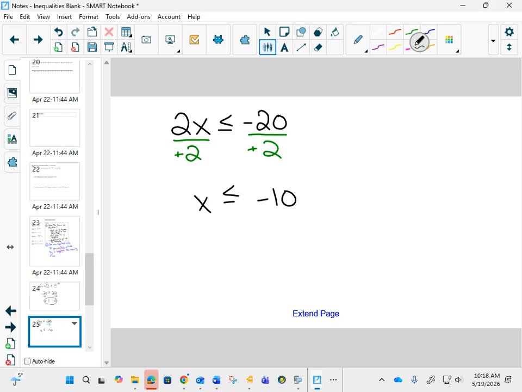You'll notice that while I'm solving these, the last thing I do is put my sign here. With equation solving, it was always an equal sign, no decisions. But now we have to check: what step did I do to both sides? Do I have to flip the sign?